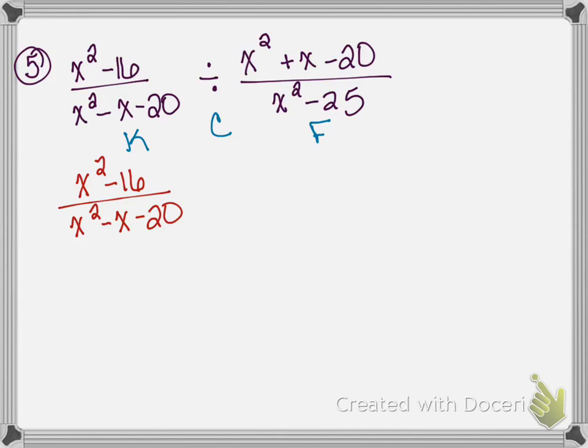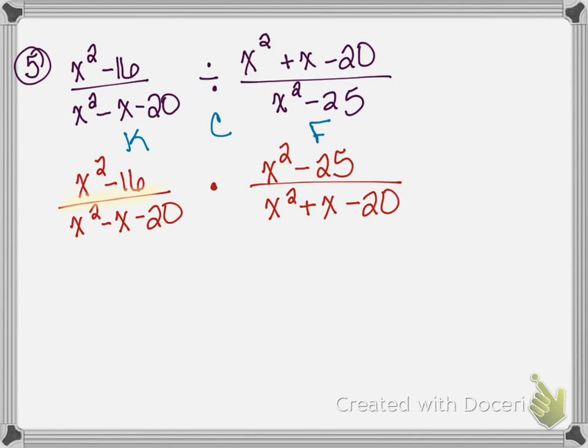My division sign becomes multiplication. I have x squared minus 25 over x squared plus x minus 20. We're factoring. We got 4 different things to factor. I'm focusing on that first.